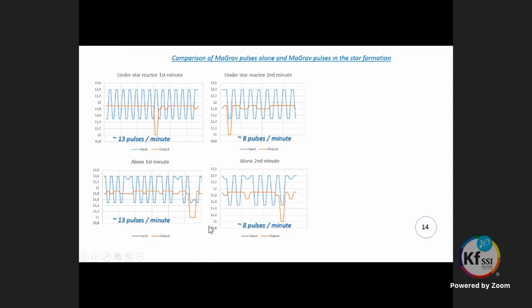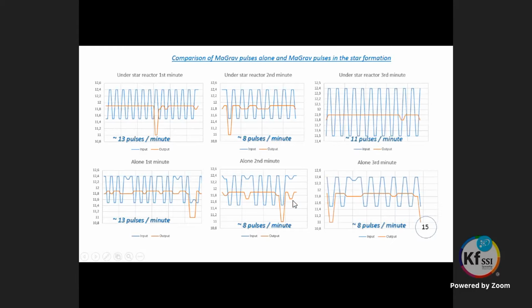The second minute, we also have a very regular pulse, but when the Magrav is alone, on the second minute, we have some irregular pulses. And after, we have the same things.